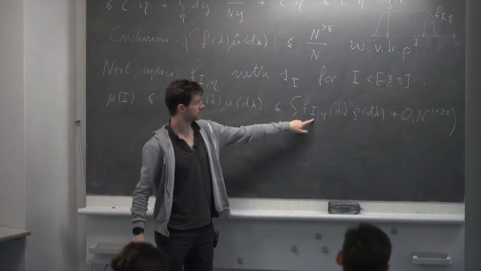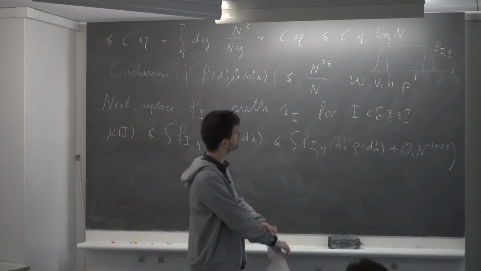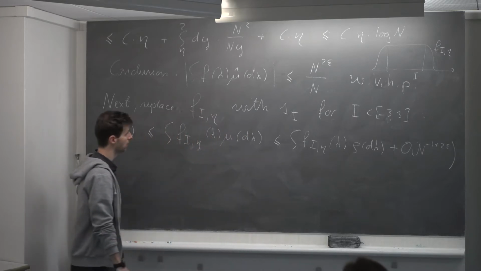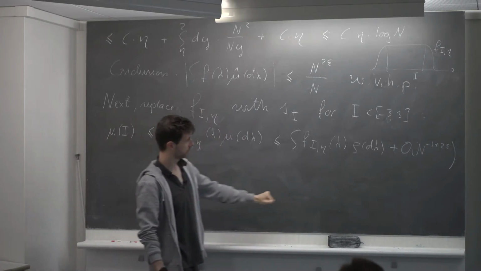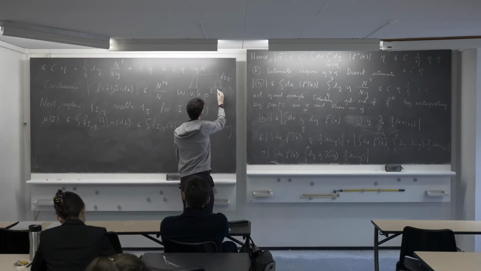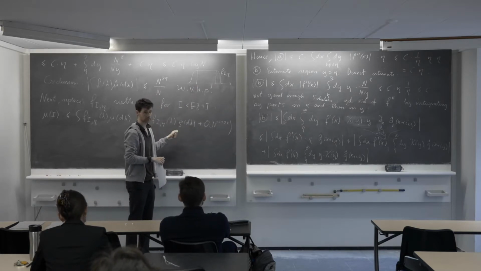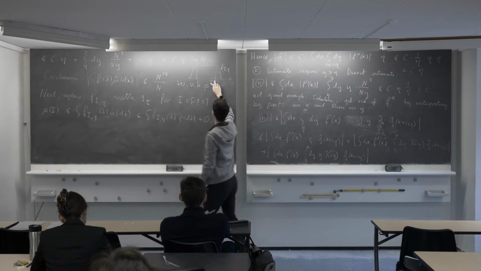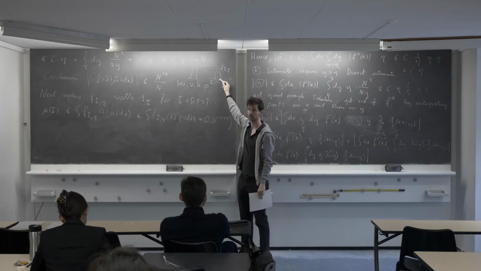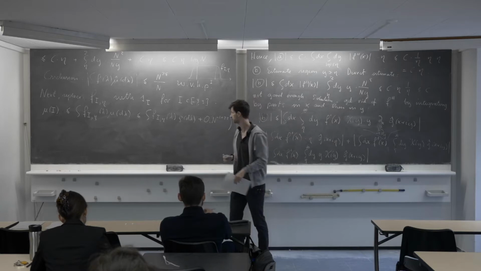I would like to replace this guy with an I. Of course, I can't use monotonicity anymore because this is not bounded from above by that. It's bounded from below. But I can use the fact that this function has a bounded density. And therefore, if I now integrate this function with respect to this measure, which has a bounded density, then the difference between this integral and the integral over here is just going to be the maximum of the density times the width of this guy, which is eta.